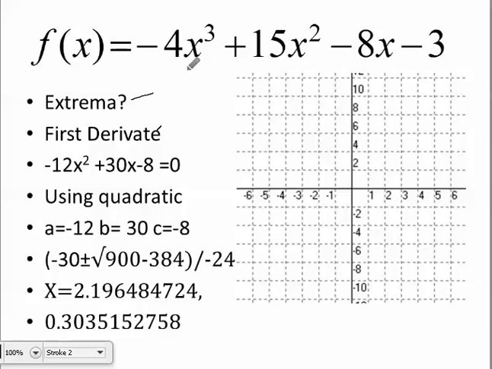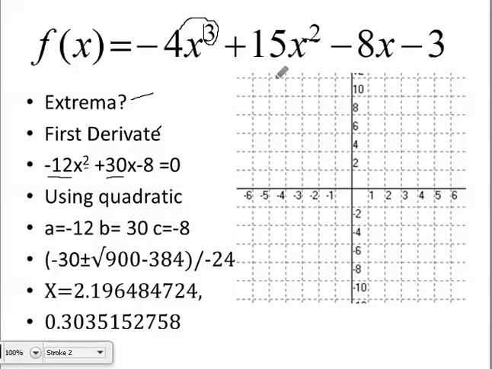So what I'm going to do is take this exponent and multiply it times the -4. So 3 times -4 gives me a -12. That's where the -12 comes from. I'm going to take 1 less than this exponent, so -12x squared. I'm going to take this exponent too, multiply it times the 15, 30.